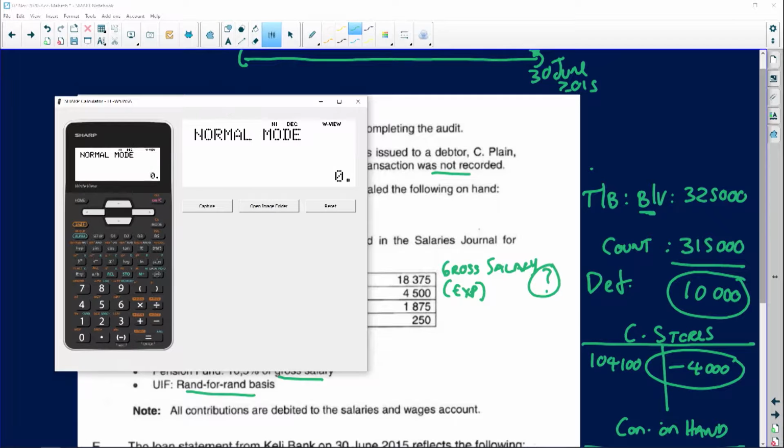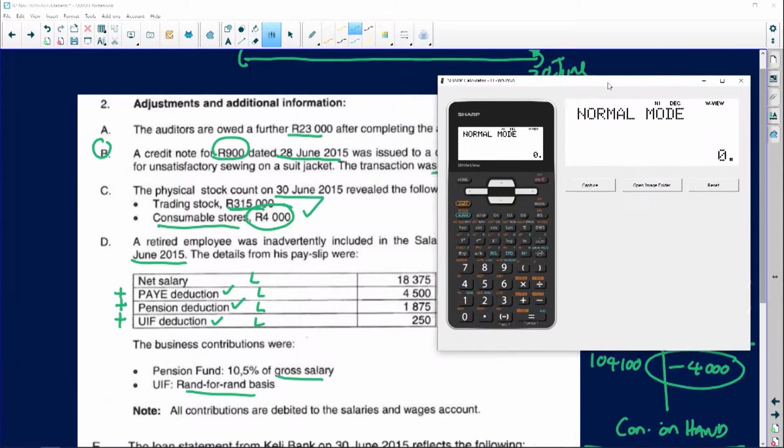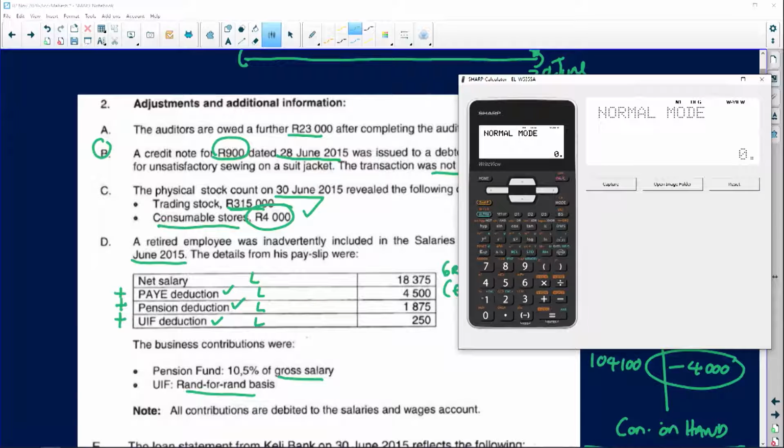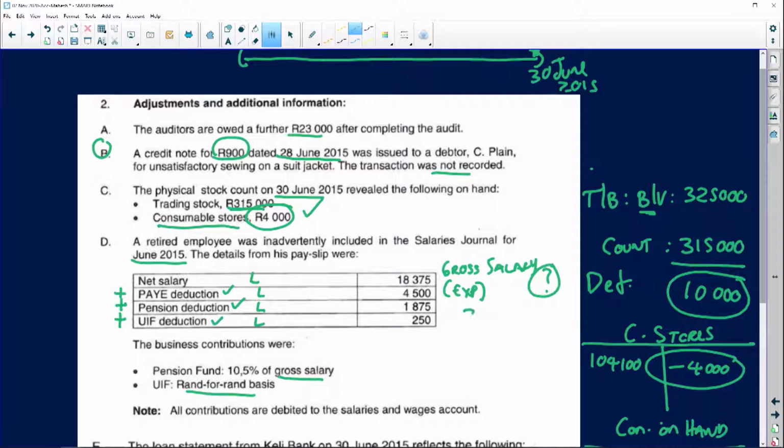Okay, so my gross salary, I'm adding net salary 18,375 plus 4,500, plus 1,875 plus 250, and that is giving us an amount of 25,000. So that is your gross salary.